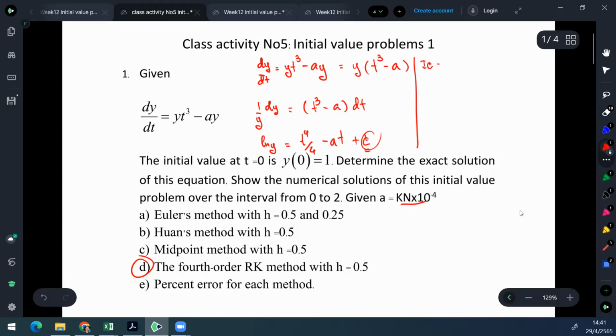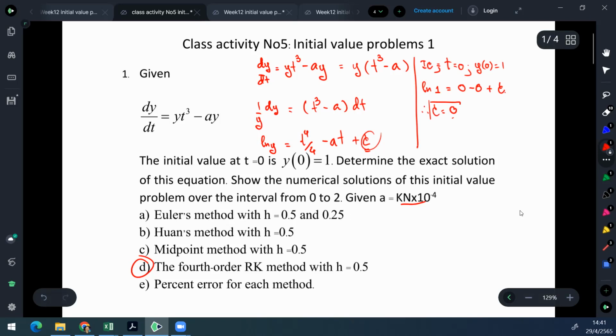The initial condition is, when t equals 0, y becomes 1. So we substitute the initial condition into this equation. We have log 1 equal to 0 minus 0 plus c, so c becomes log 1, which is equal to 0.